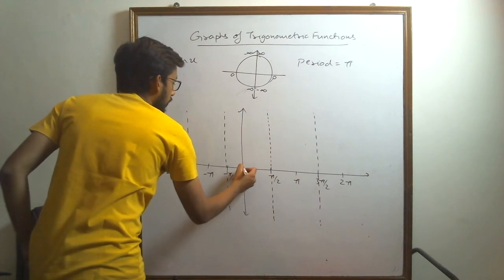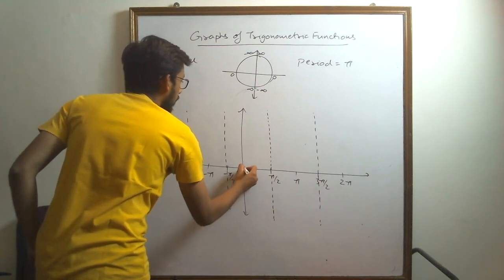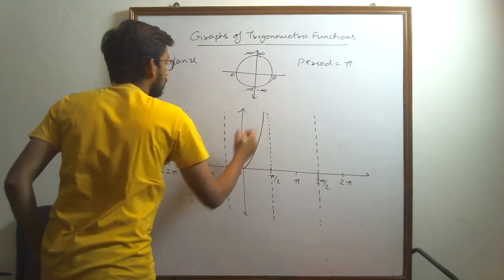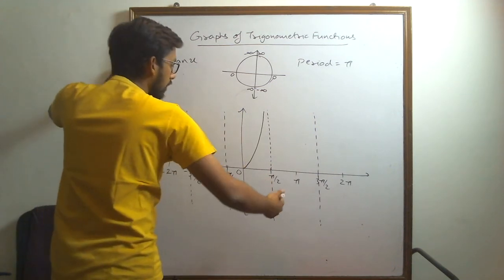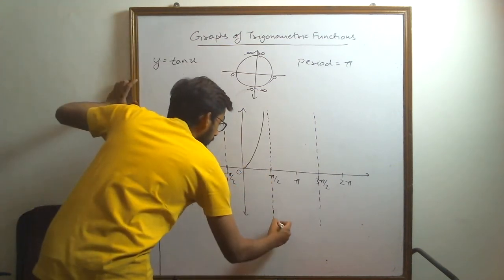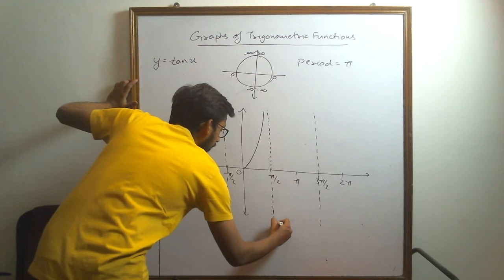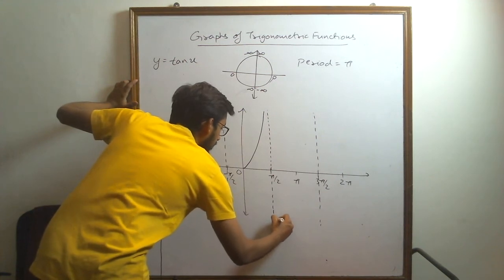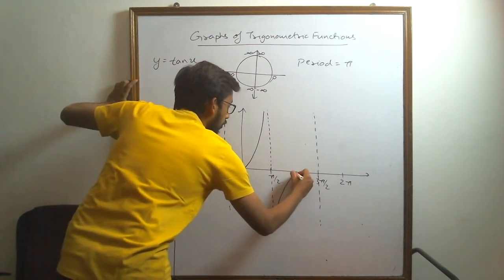Now the value of tan x goes from 0 to infinity in the first quadrant. Just after pi by 2, the value changes from plus infinity to minus infinity, and from minus infinity it goes to 0 in the second quadrant.